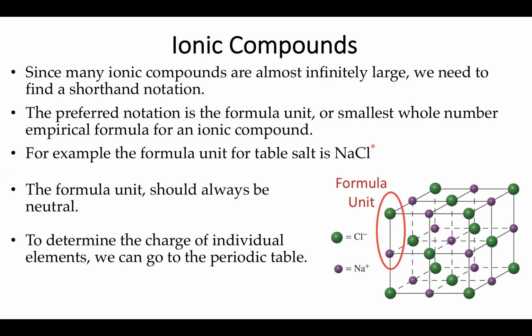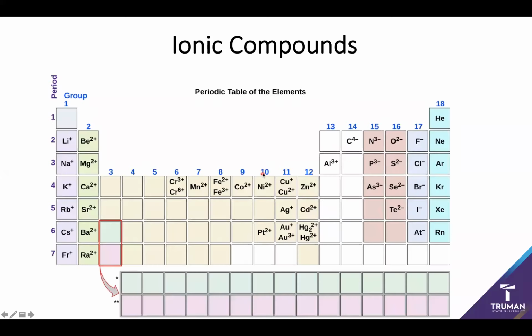However, what this often means is that in order to determine a lot of our formula units for other species, we're going to want to know the charges of each individual element ion in order to make sure that they cancel out. So for this, we can go to the periodic table to find some common charges. So we've seen some of this before.